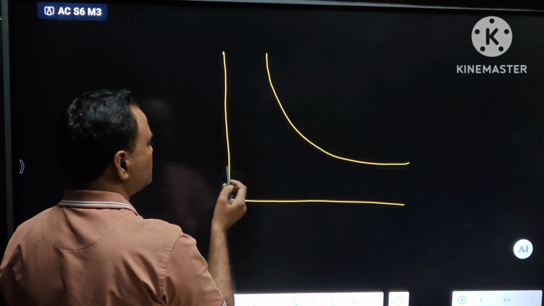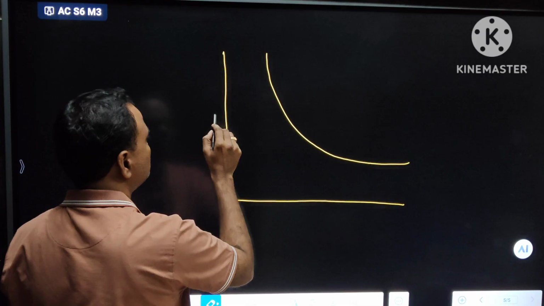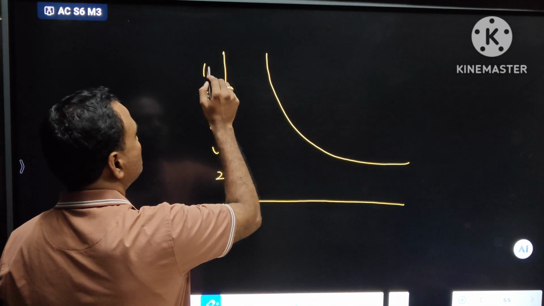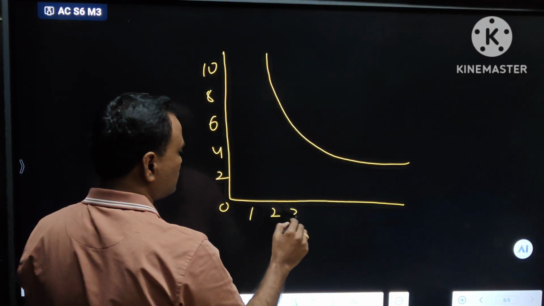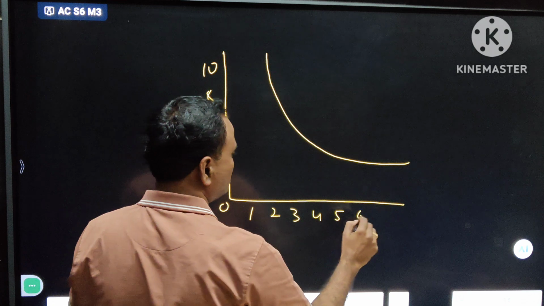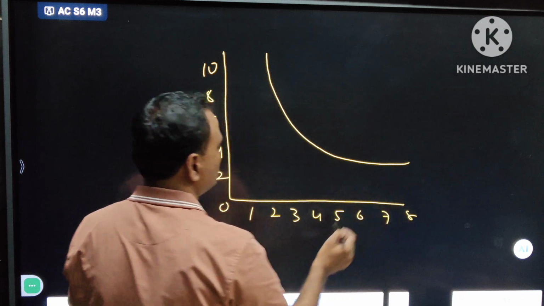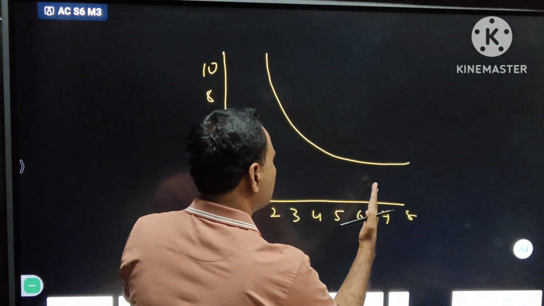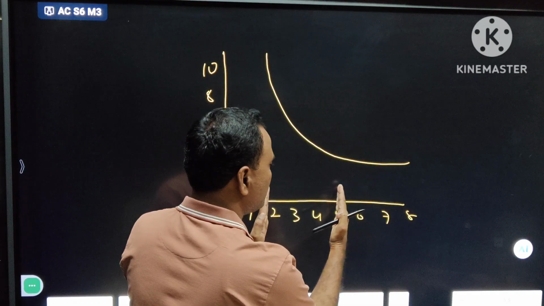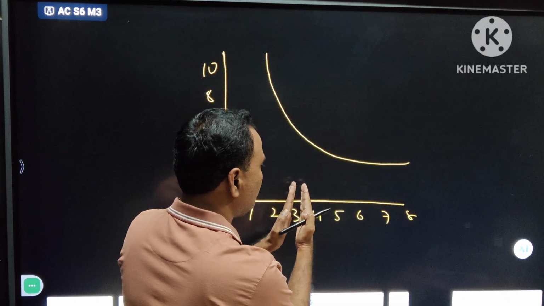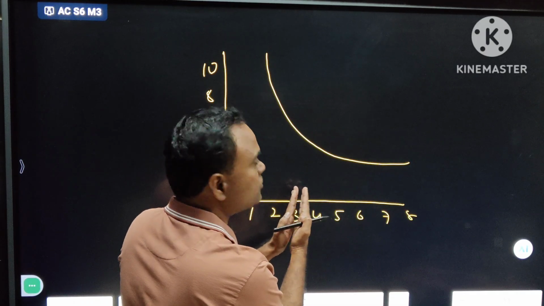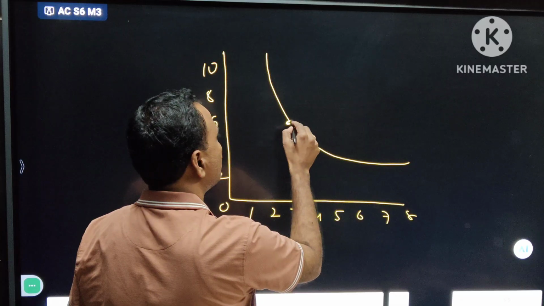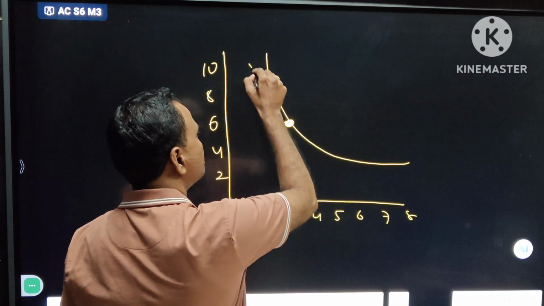We are decreasing the time interval, right? After some time, the 2 time values coincide with each other and appear like a point.